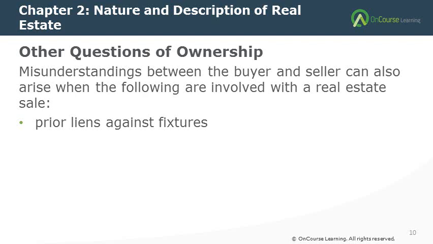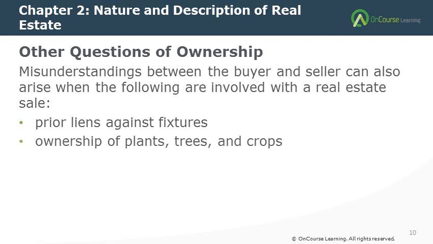Once it's installed, it becomes a part of the real property, and that lender, via the credit card company, now can place a lien against the real property, because that HVAC system, that central air conditioning system, has become a part of the real property.